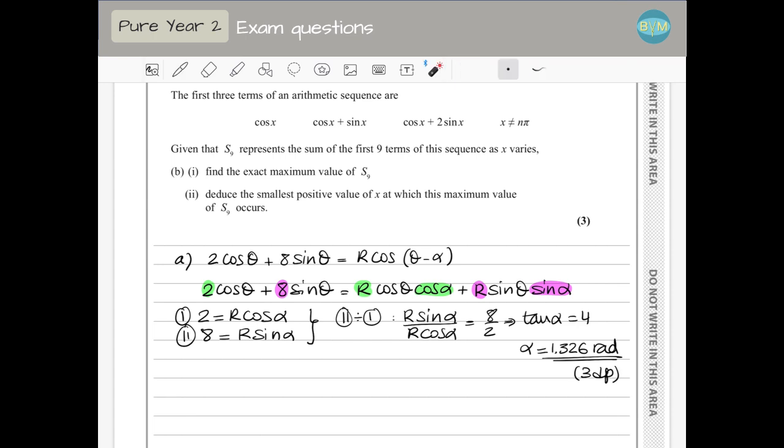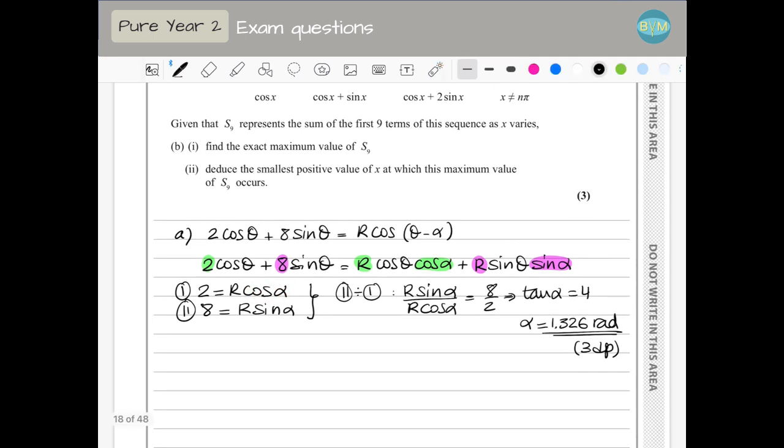And to find r, I can use the identity. If I make sin the subject here and cos the subject here, I can write that sin squared plus cos squared is 1. So this is sin, this is cos.